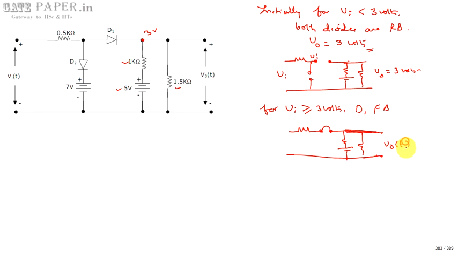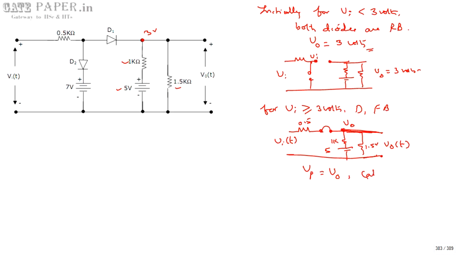Now V0 of t is going to be calculated based on Vi of t. The values present are 0.5 kilo ohms and 5 volts; this is 1k, this is 1.5k. The voltage at this point is nothing but V0. The voltage on the P side of both the diodes is equal to V0.